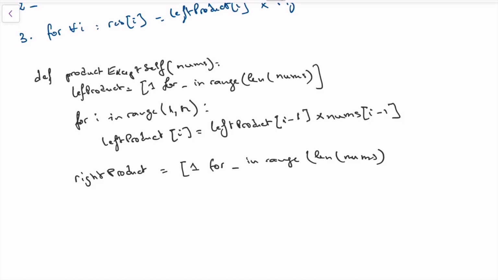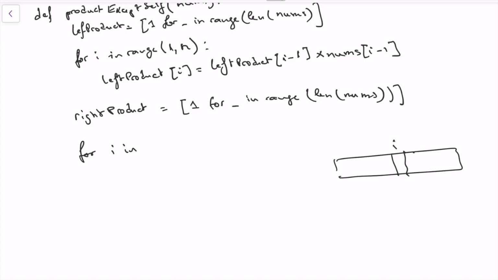And here, similar thing, except we are starting from the right, because we are computing for each position I. So for I here, it would be this portion, which is the right product of I plus 1, and then we will need to multiply this new thing, which is to the right of I, which is I plus 1.